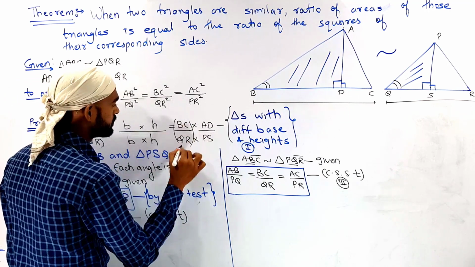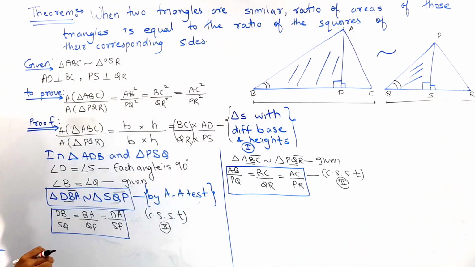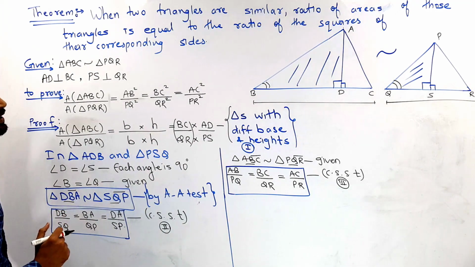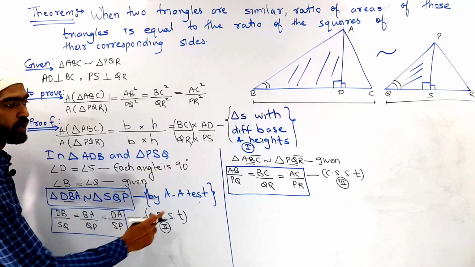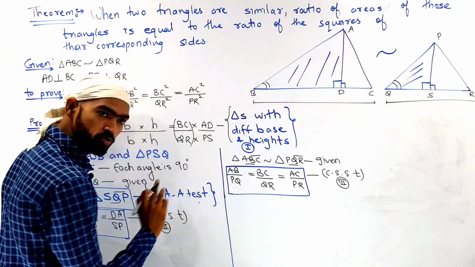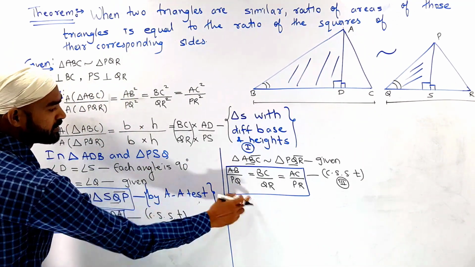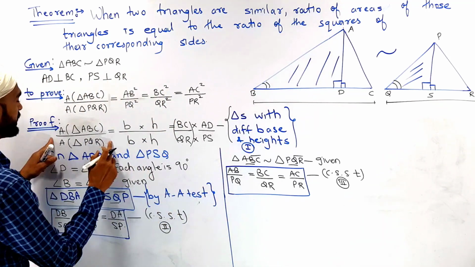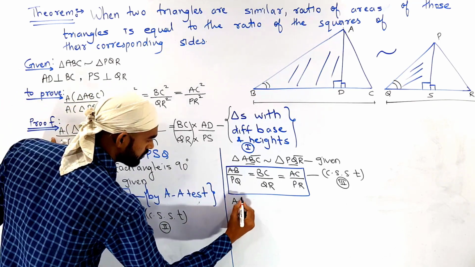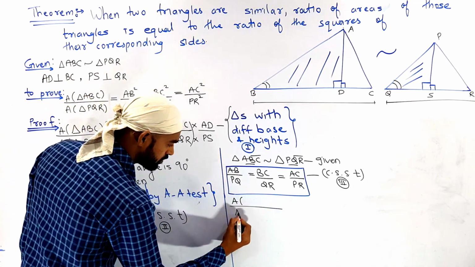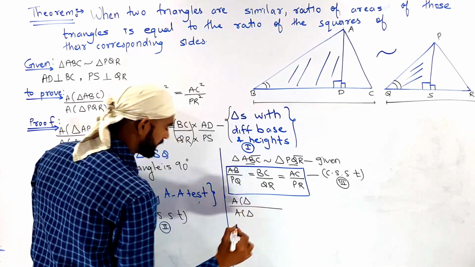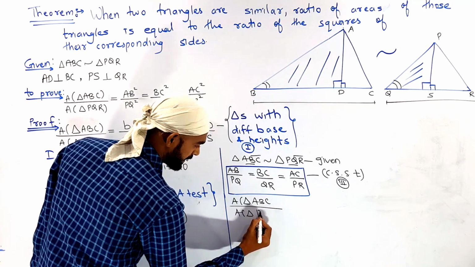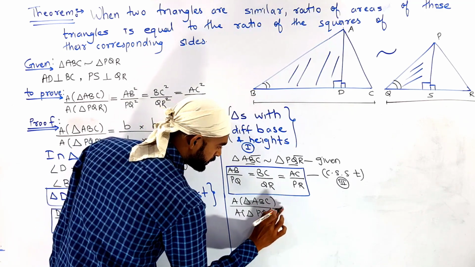So here we can write the ratio of areas of two triangles, the first triangle ABC and another triangle PQR.